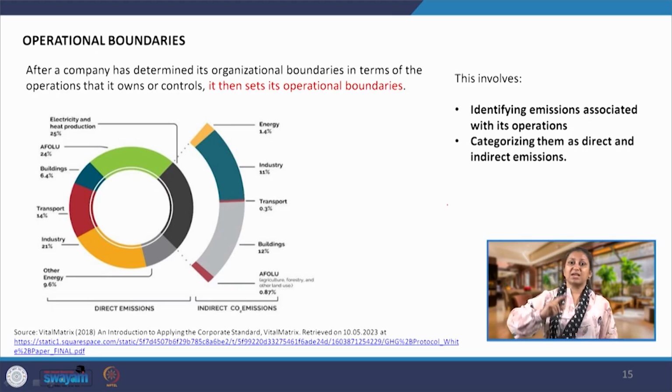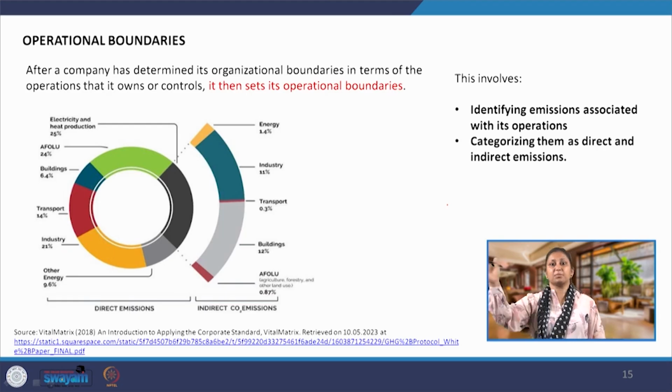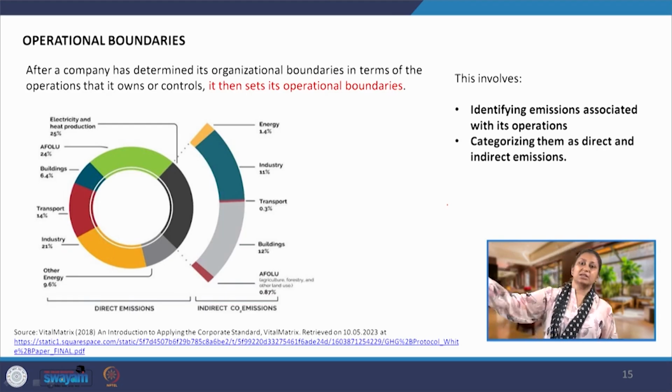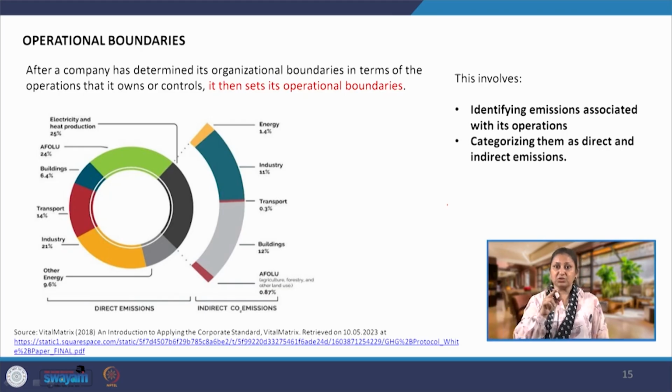But once I have sold that product to some other company which is running its fleet of transportation or maybe an airline carrier, the emissions that are resulting from the use of that product is not my emission. Until the selling of the product, the petroleum fuel is my emission, and once it has been sold, it is going to become the direct emission for somebody else.